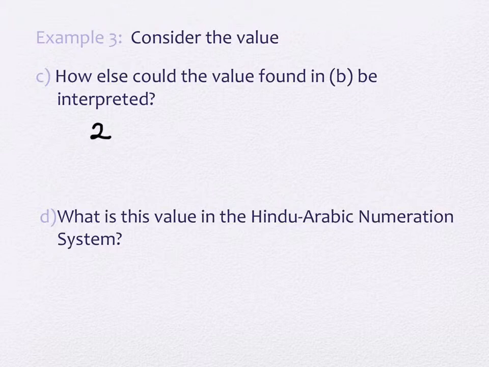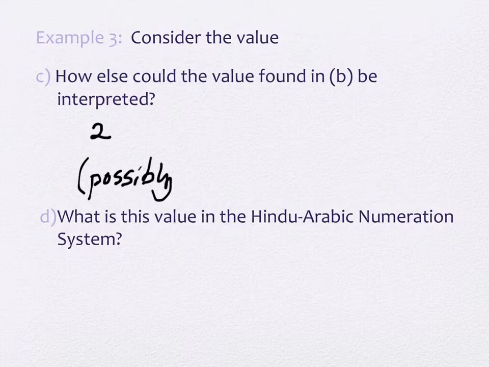Any other thoughts as to how it could be interpreted? That's actually the best answer for this. There is one other option of how it could be interpreted. 120. We'll deal with that in part D, so we'll get back to that in a minute. If we aren't being careful, or if we try to put too many place value breaks in, it could possibly be interpreted like there's a space between here.